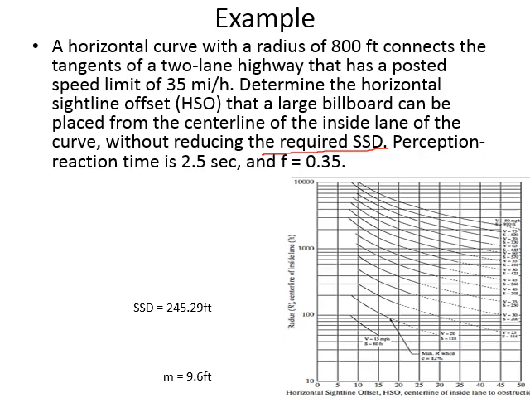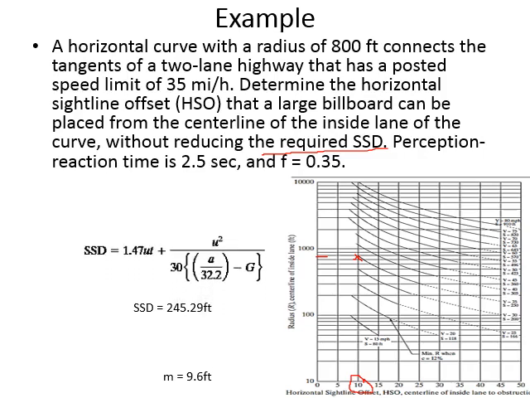If you do it using the curve, we have a radius of 800 feet, which is somewhere here, and from that you go forward to the point of your required speed. The line for 35 miles per hour speed is here. So 800 feet will meet the line of 35 miles per hour at this point, and from this point you take the x value, which is 10 feet. So the board should be 10 feet from the center line of the road, to keep the safe stopping sight distance.